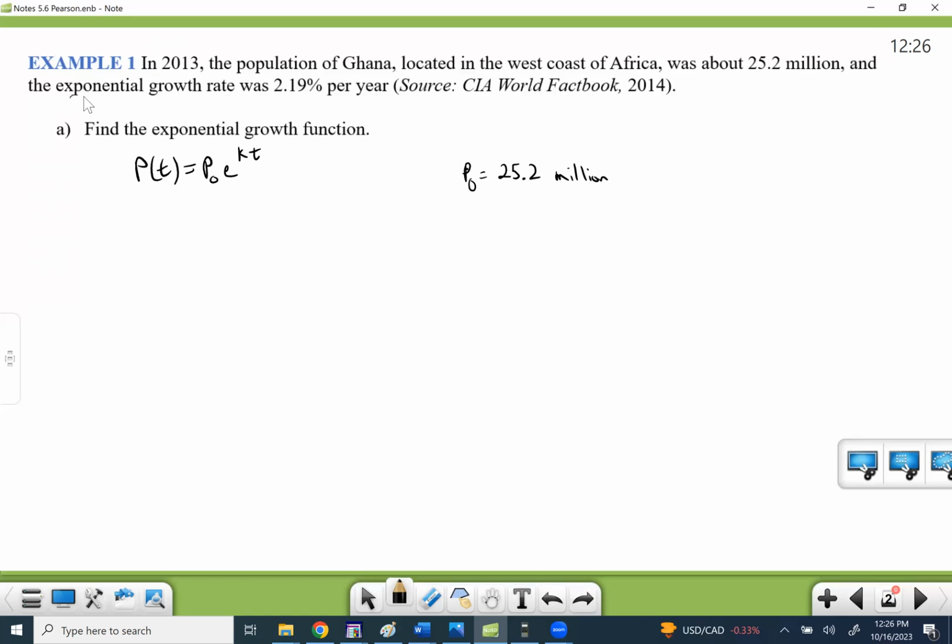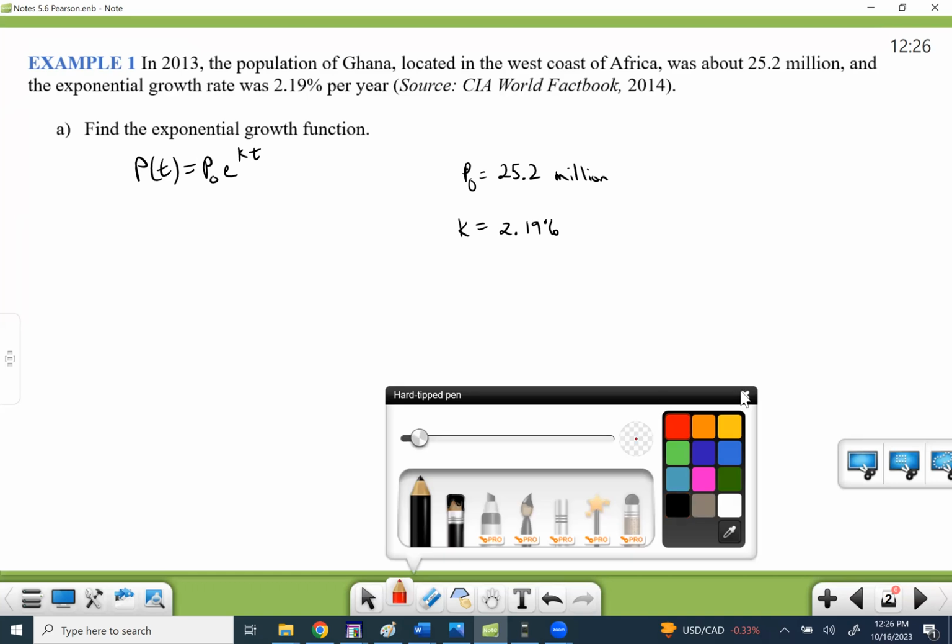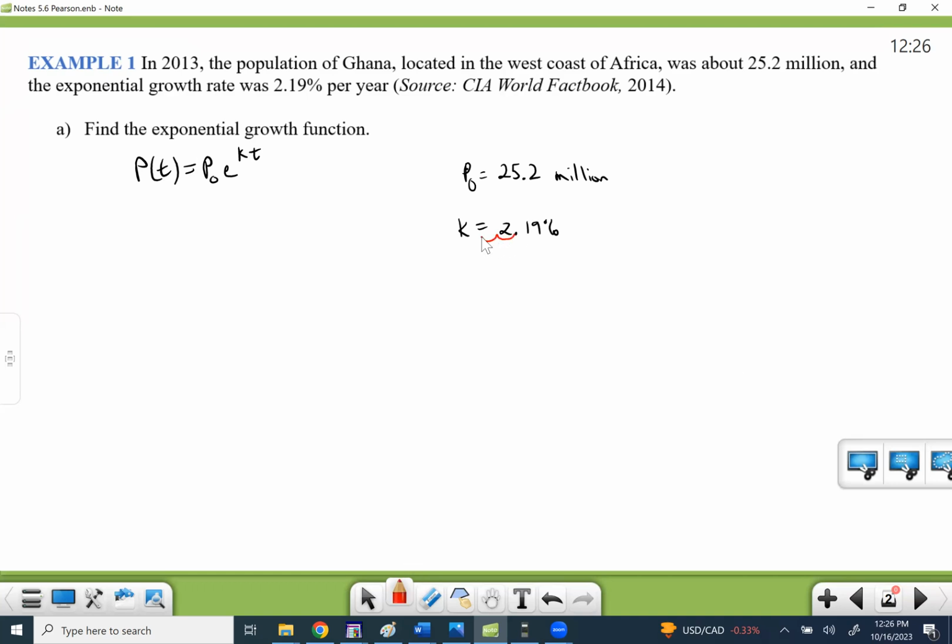And then it also gives us the exponential growth rate. Now, all of our growth rates are going to have to be changed from a percent into a decimal. So this is 2.19%, but we're going to have to move the decimal 2 places to the left. That's pretty messy there, you guys. My percent sign doesn't even look like a percent sign.